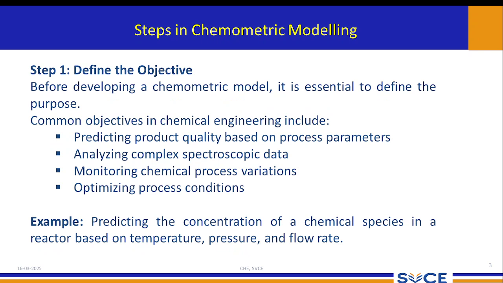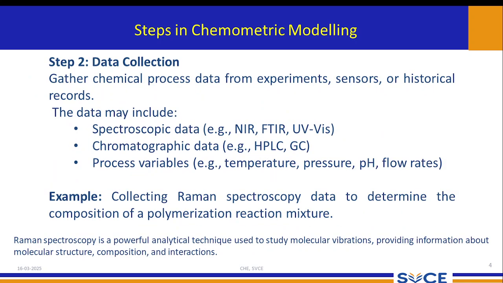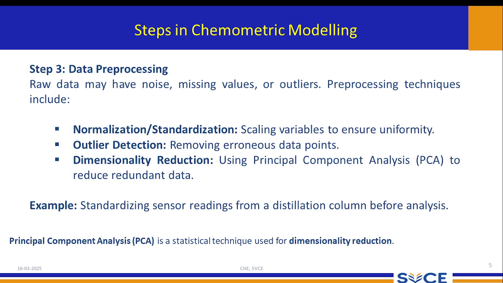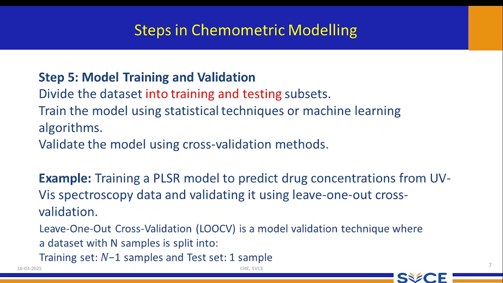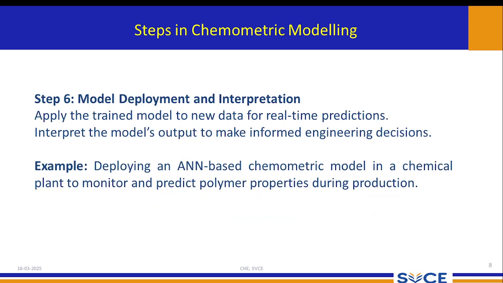So there are 7 steps in chemometric modeling. First is objective. The second is data collection. Third is data pre-processing. Fourth, model selection. Step 5 is model training and validation. Step 6, model deployment and interpretation.